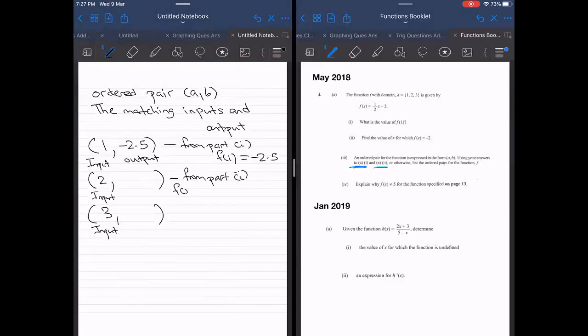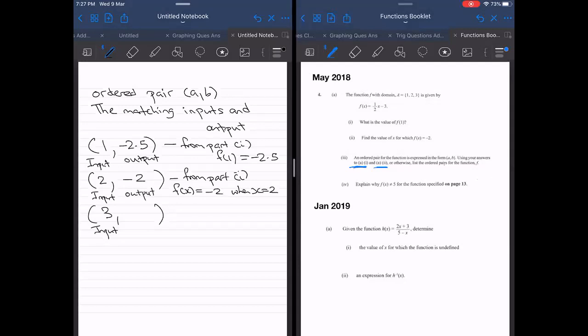We figured out that f of x is equal to minus 2 when x is equal to 2. Right, so f of x is equal to minus 2. So we actually didn't need to rework it.